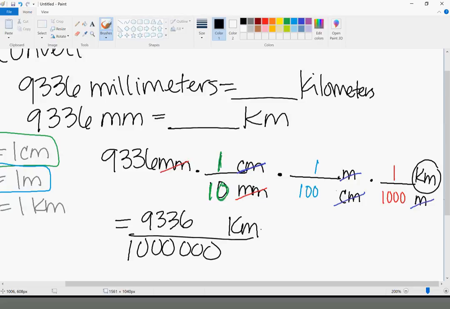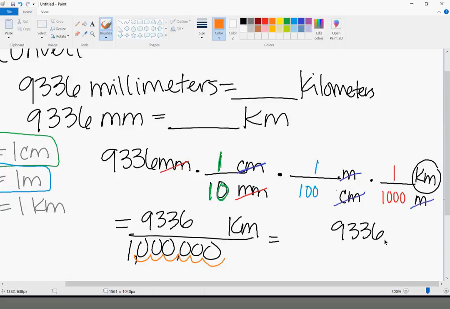Okay? Now, let's think about when you're dividing by a power of 10, right? The easiest shortcut way to handle that is to say, okay, if this is going to be divided by 1 million, you're basically taking that 9,336 and then you're going to move the decimal however many zeros you have. So you have 1, 2, 3, 4, 5, 6.